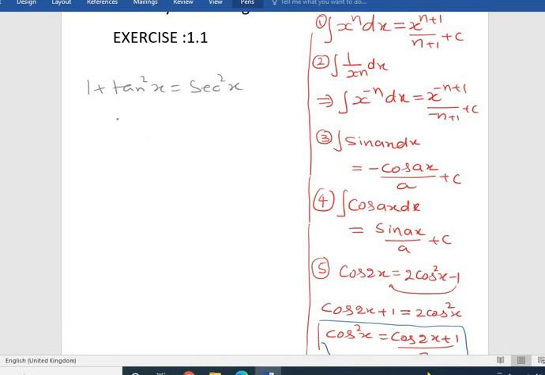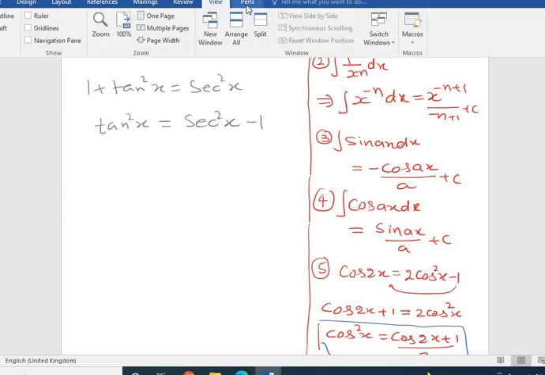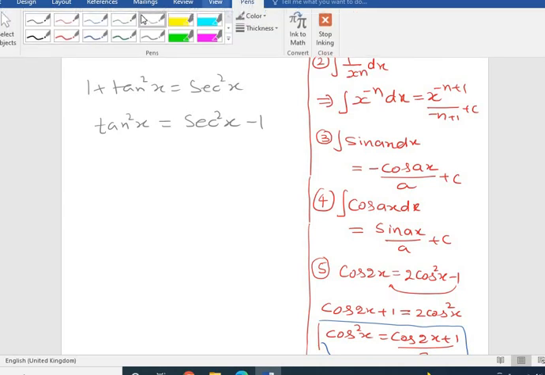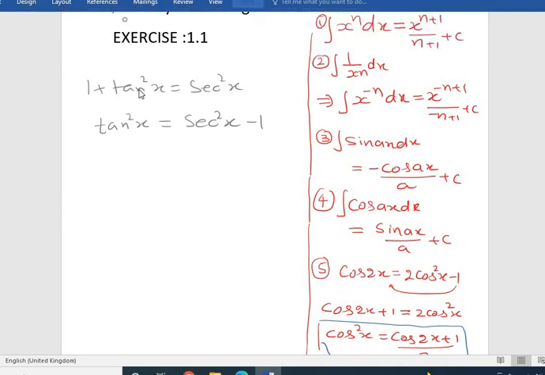It means that if any question is related to the integration of tan square x, then we can convert it as tan square x equals sec square x minus 1. That is another rule we can use.